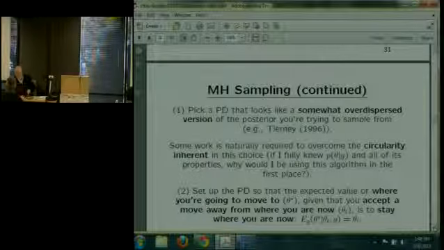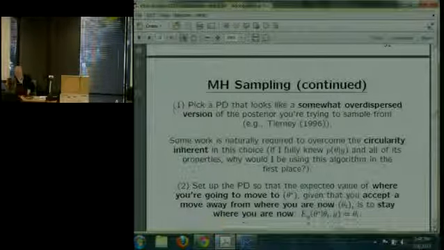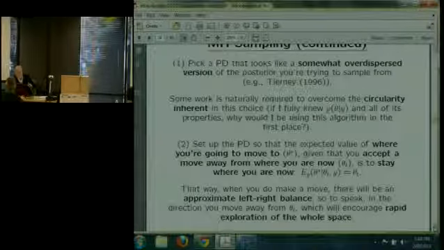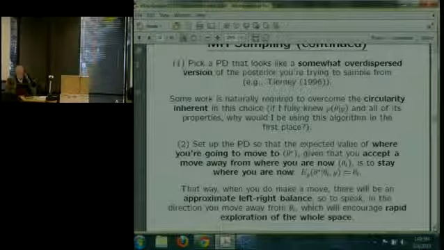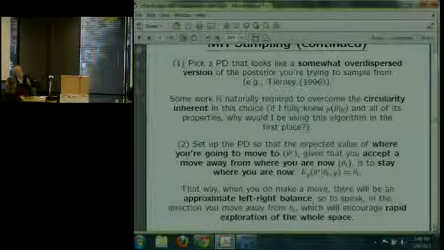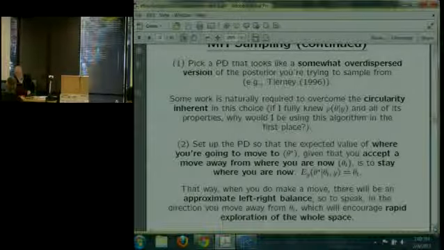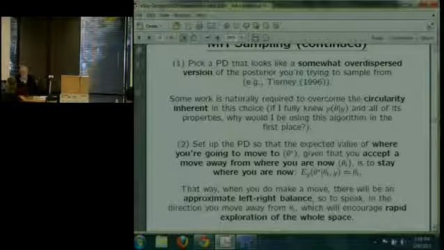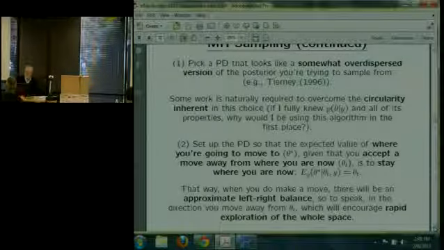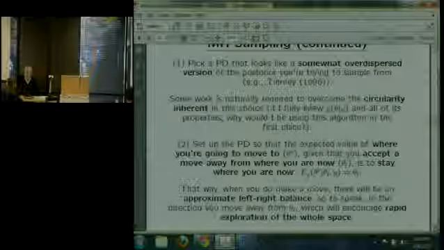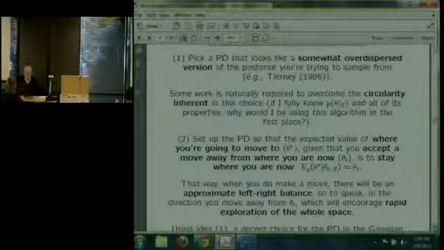For people who know about theoretical probability, that means that you want to create a martingale, a stochastic process that, in expectation, stays where it is, but of course it's moving all the time. And so when you do make a move, there'll be an approximate left-right balance in the direction that you move, and you can hope that will encourage rapid exploration of the whole space.